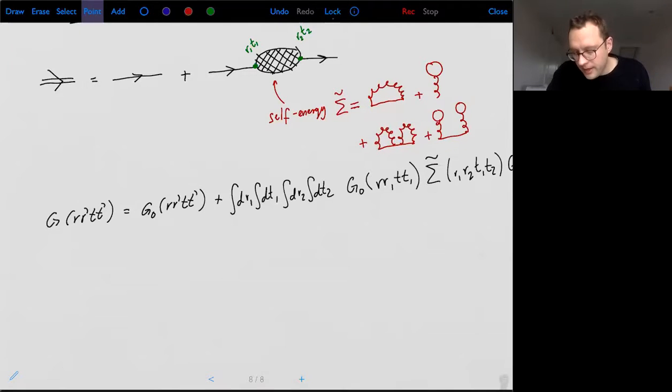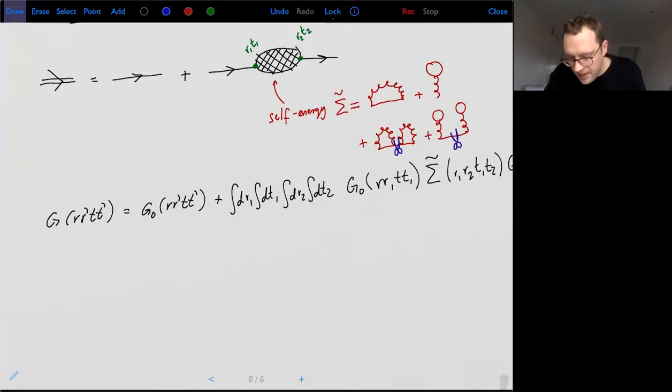One class is the so-called reducible diagrams, and those are the ones where, when you take a scissor and cut a Green's function line, there are some diagrams that you can cut into two pieces, like this one or this one.